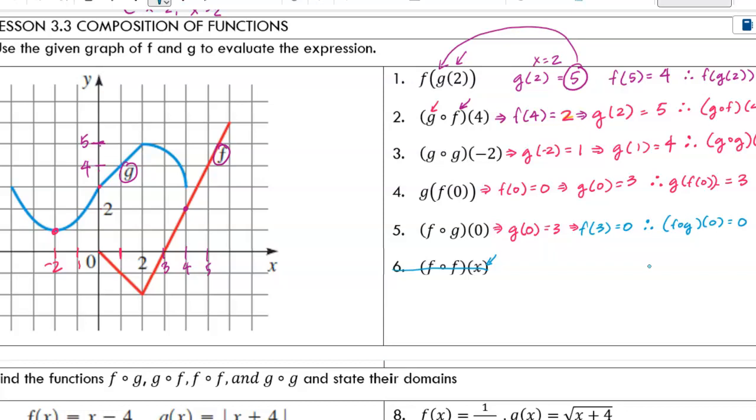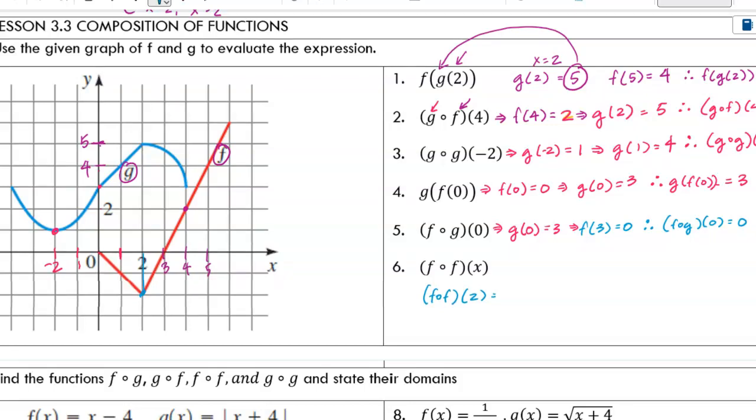We could make it f of 0, but then that'd still be 0. I could make it a 2. Let's try and make it a 2 in there. Which means that at 2, you get an output of -2.